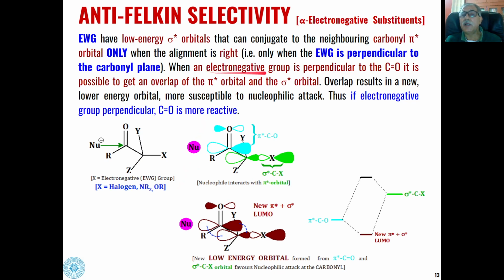So when the electronegative group is perpendicular to the C=O, then it is possible to get an overlap of the pi anti orbital and sigma orbital of these two, and this will lead to the formation of products with more ease.